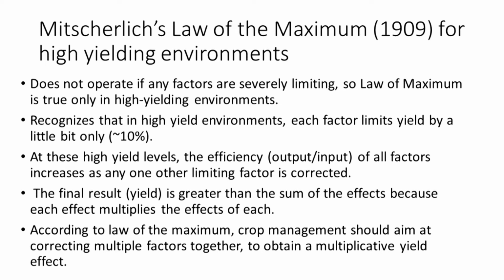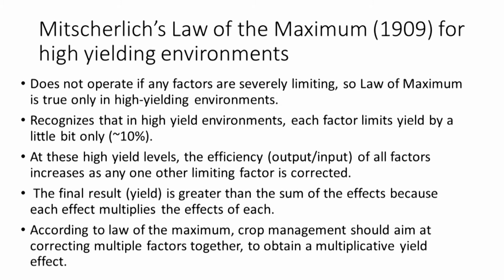Okay, so we can think of, well, there's not a huge phosphorus deficiency, but if you added a little bit more phosphorus, maybe you would increase yields by about 5 to 10%, or maybe there's some disease pressure. So if you used, let's say, a seed treatment, you would increase yields by about 5 to 10%. So correcting any one factor is only going to increase yields by a very small amount. Productivity is not going to go up by very much if you, for example, add a seed treatment.